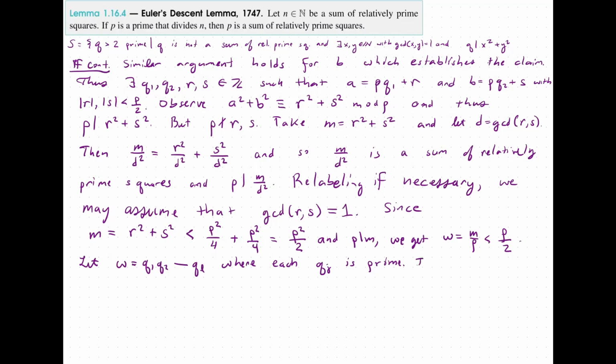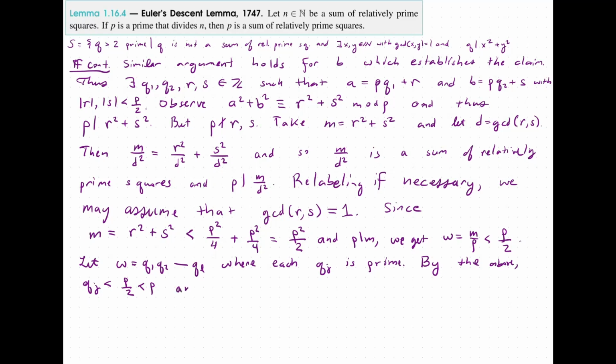So by construction, by the above, Qj is less than P over 2, because each Qj divides W, and W is strictly less than P over 2, so each of those prime factors has to be less than P over 2. And of course P over 2 is less than P.